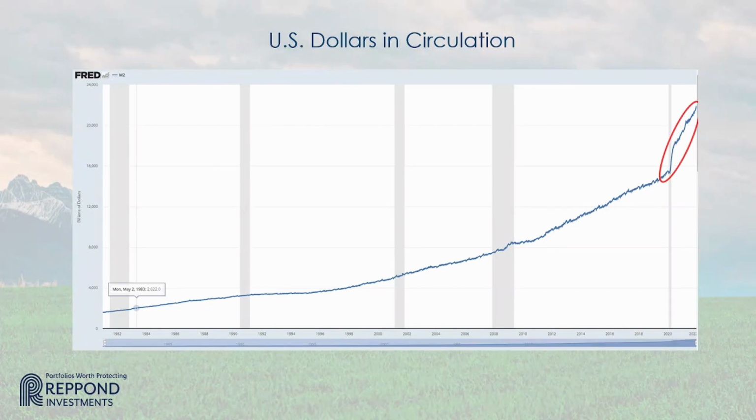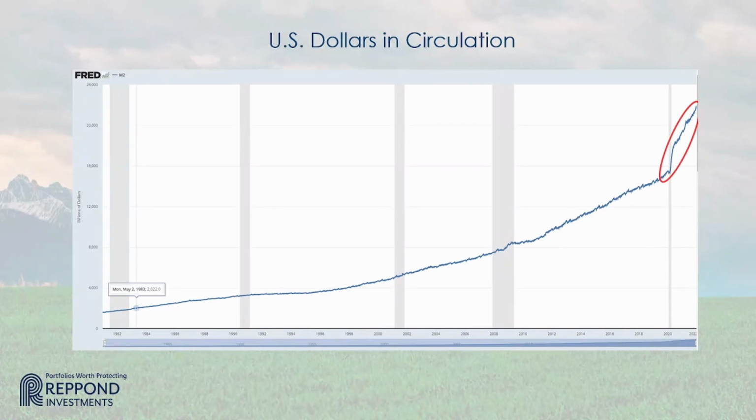So from '81 to present, this is about 40 plus years. You can see this is M2, which is a representation of the amount of currency in the system. So the more this goes up, the more currency there is in the economy, the lower its value. It's going to diminish in value if you raise the amount of currency in the system.